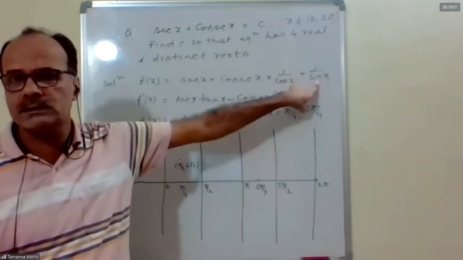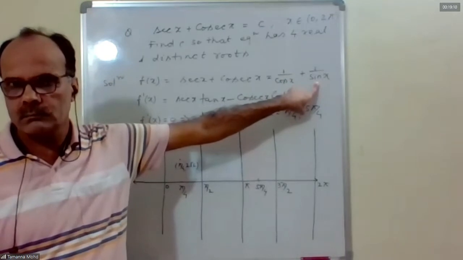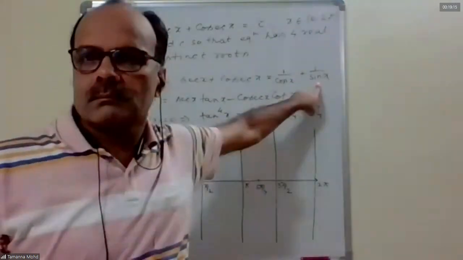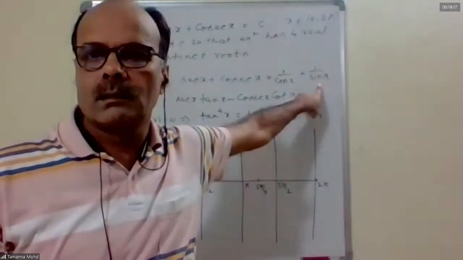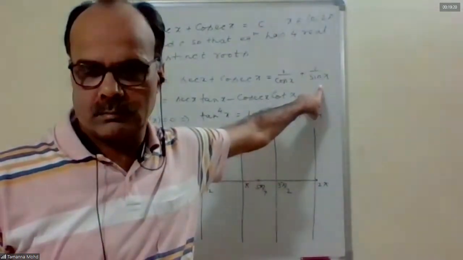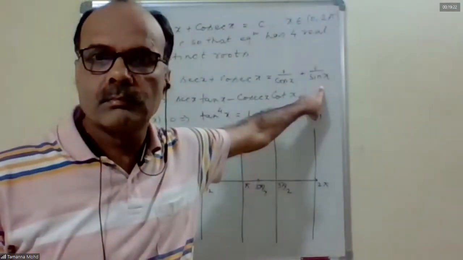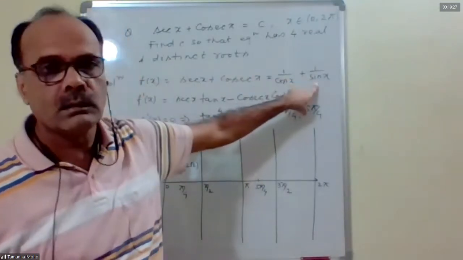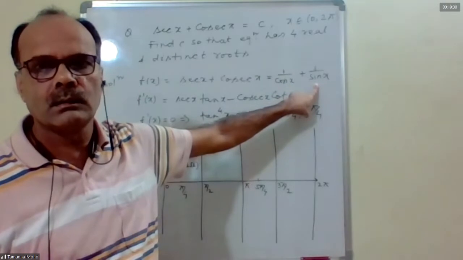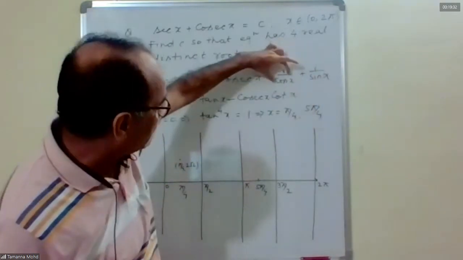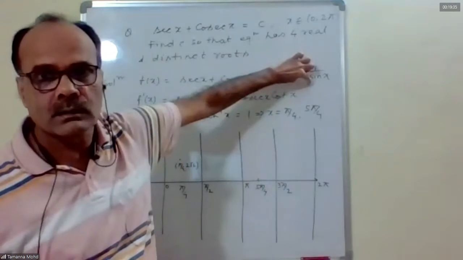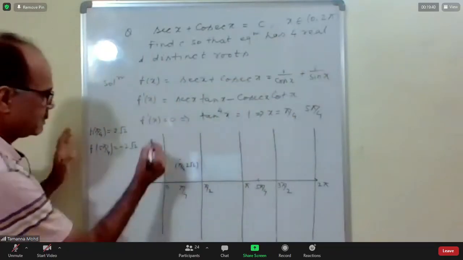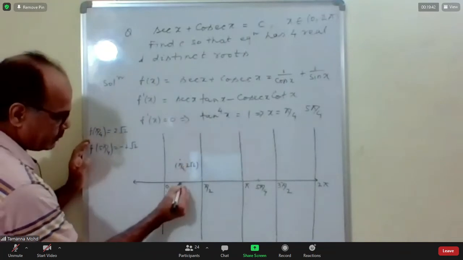What is the limiting value at 0 plus of the function? 1 by 0 plus is how much? Infinity. Just join adjacent points.